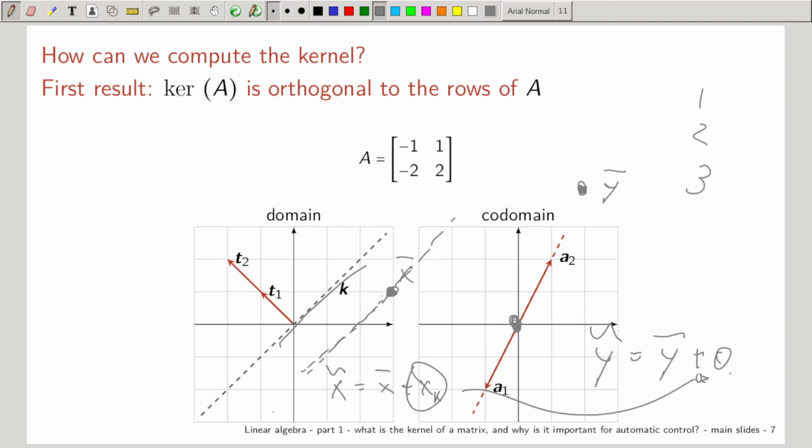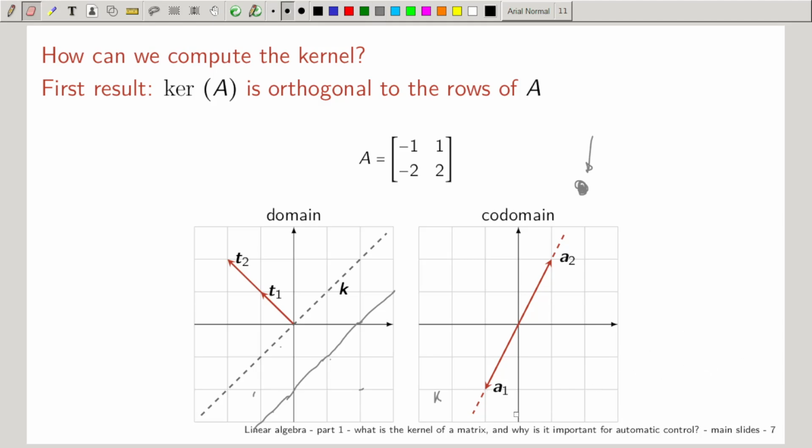Okay? And if I take now this one, let's see. If this whole line passing through those points goes here, if I take this one, where does it go? This whole map, this whole line, where does it go? You tell me.